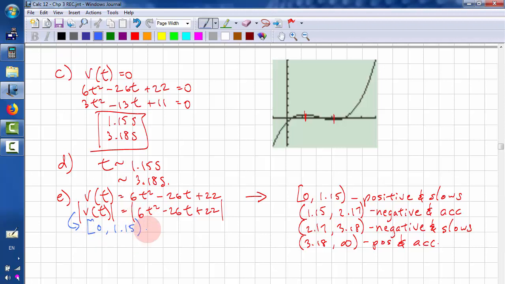So it's the same thing as here: slows, accelerates, slows, accelerates.